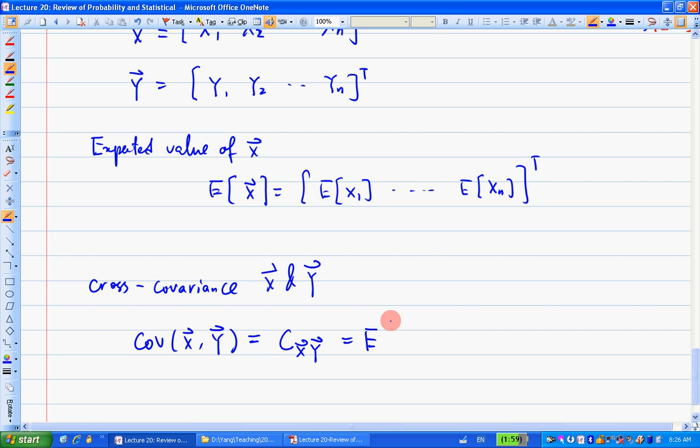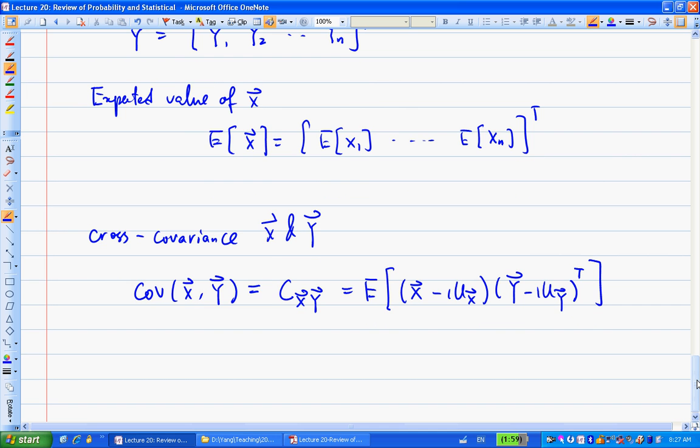That equals E of x minus mu x, the mu x vector, times y minus mu y, transposed. Transpose that here.